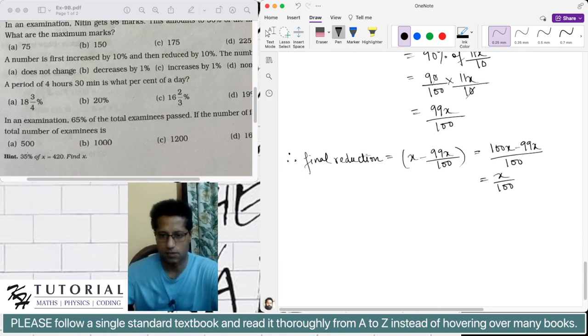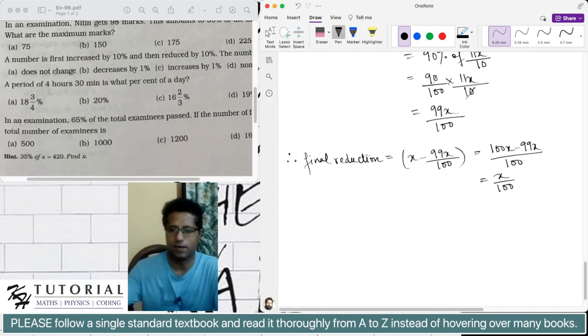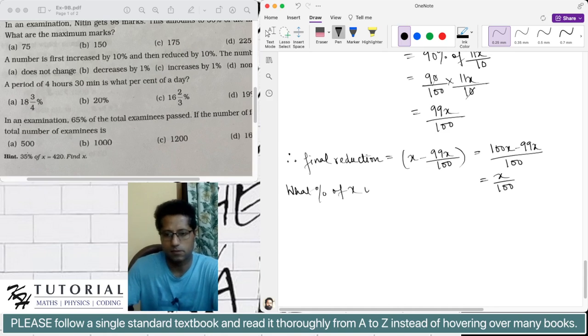So now we have to find what percentage x by 100 is of x. So the question is, what percent of x is x by 100.